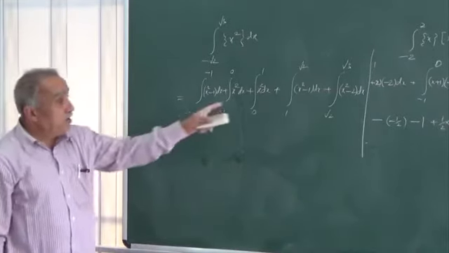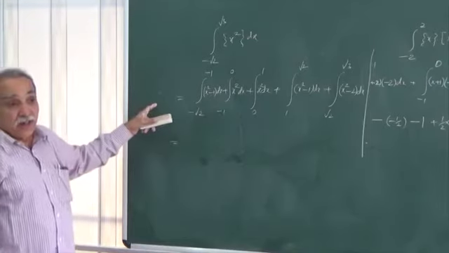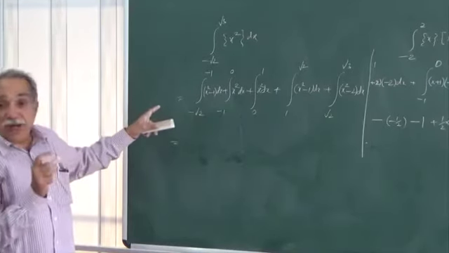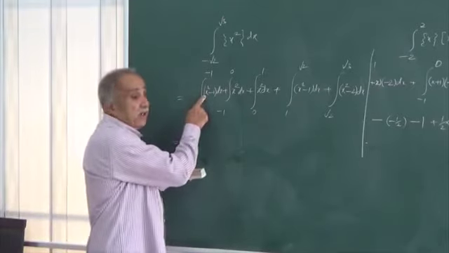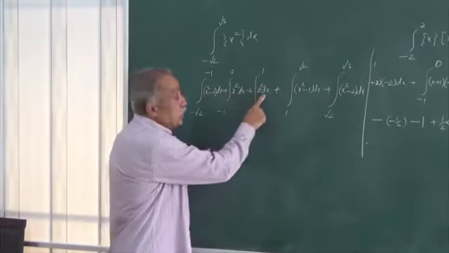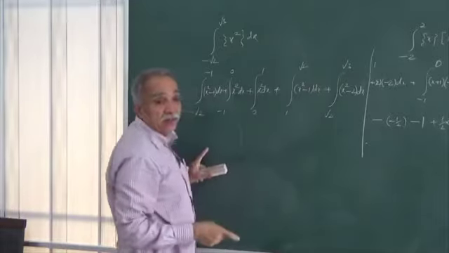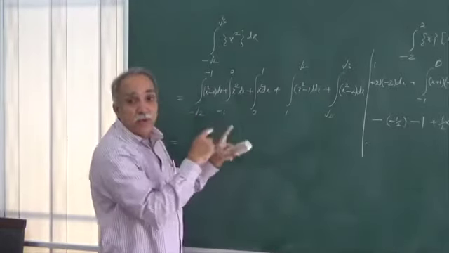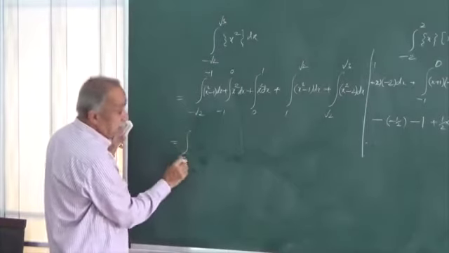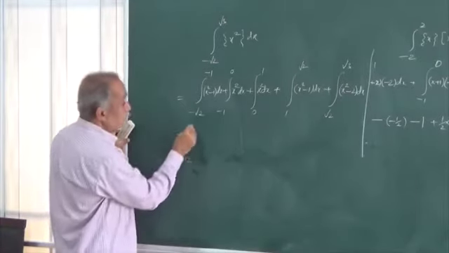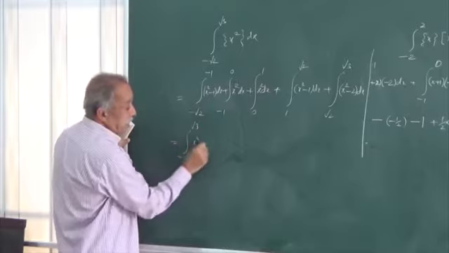Notice that in each of the integrals, x square is part of the integrand. You can club those parts together and get the sum of those parts as the integral from minus root 2 to root 3 of x square dx.